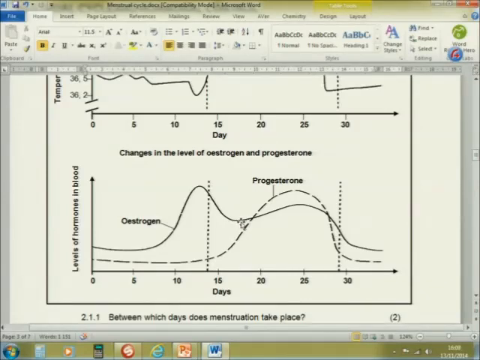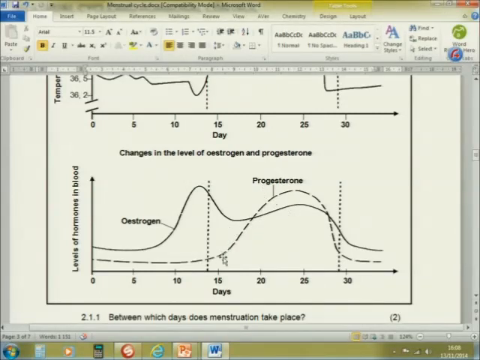Why? The remains of the ruptured follicle, which is going to be converted into corpus luteum, will also secrete a small amount of estrogen. That is why the estrogen doesn't level off. But it secretes more progesterone than estrogen.